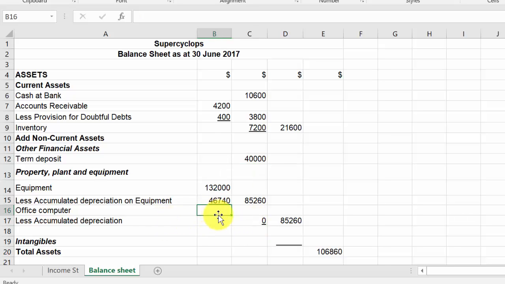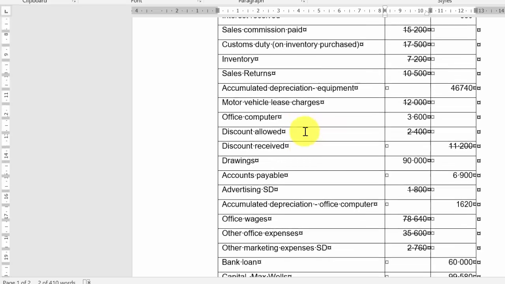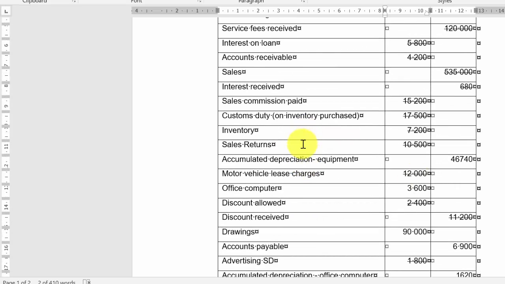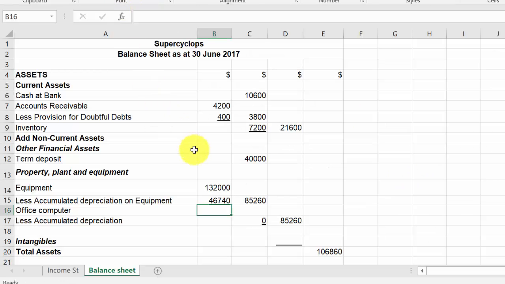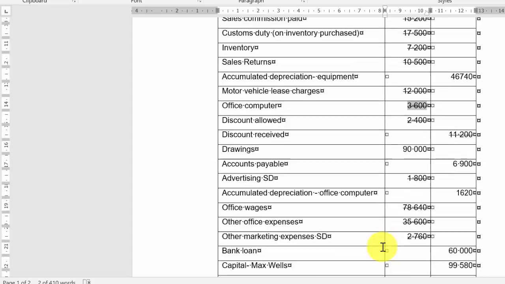So that plus that, the office computer. Let's have a look at that. Where's the office computer? There's office computer of $3,600. Less accumulated depreciation of $720. Let's calculate that very nicely.